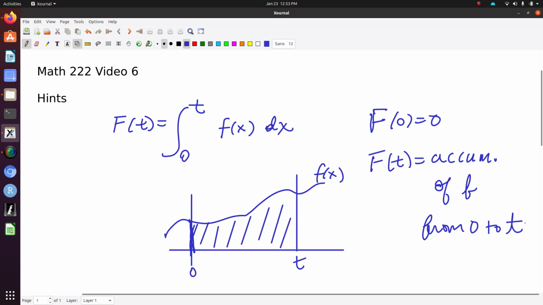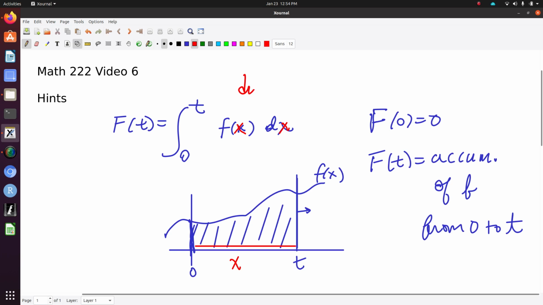The purpose of having the 2 variables is keeping track of the fact that x is this variable here, but then you're going to take t and slide this barrier out, and that is a variable. So you have 2 variables working together, but this x, this red one here, is considered to be a dummy variable of integration.